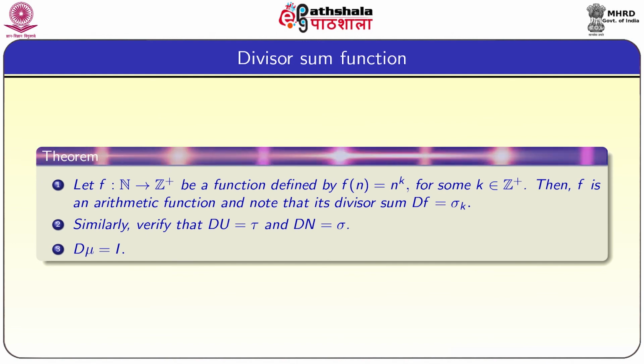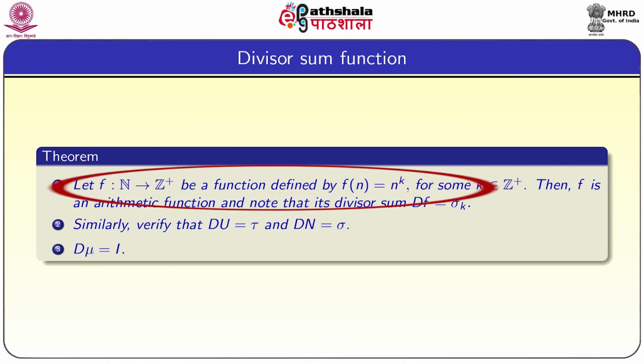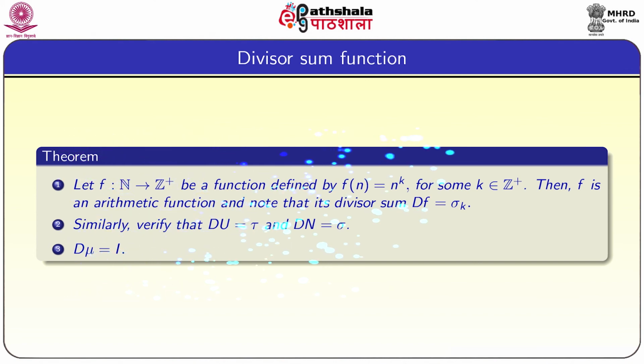Before going to discuss those, look at this nice theorem. If f is a mapping from natural numbers to z plus, defined as f of n is equal to n power k, then f is an arithmetic function, that is clear. And also note that the divisor sum df is equal to sigma k itself.